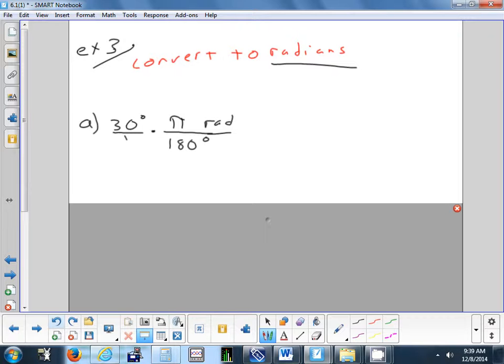I just think about where I want the units to go to cancel. Remember, 180 always goes with degrees, pi goes with radians. So cancel your degrees. And how about 30 into 180? How many times does that go? 6. Goes in once, goes in 6, and you're left with pi over 6.